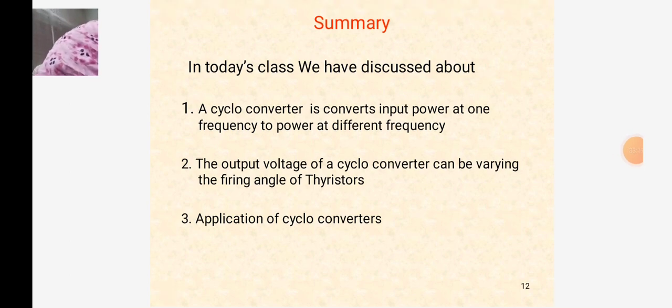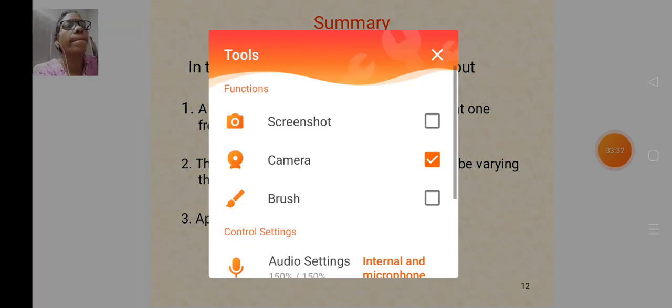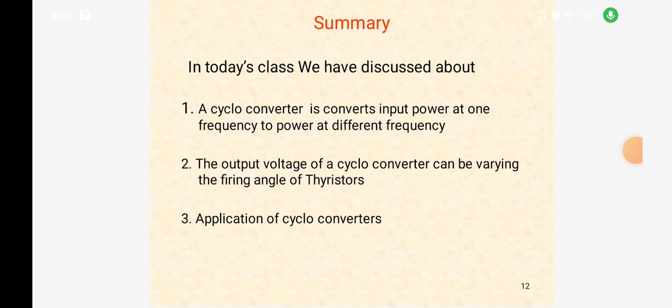We have a few applications of cycloconverters. They are applicable in low speed high power AC motor drives.